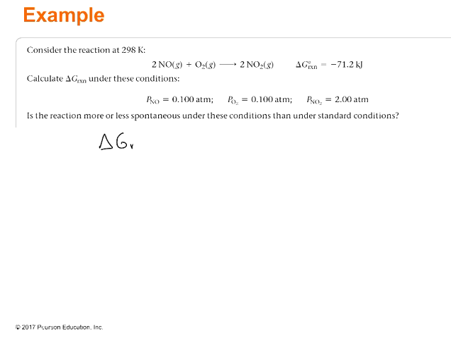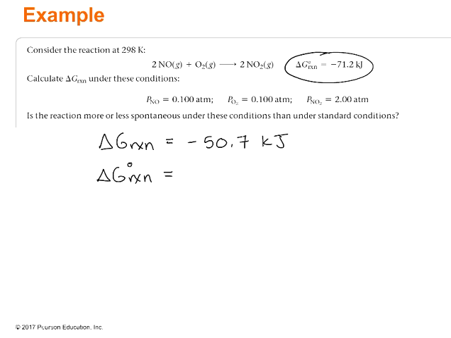All right, so delta G of the reaction under non-standard conditions, given above, is equal to negative 50.7 kilojoules. And then we were told that the Gibbs free energy of the reaction under standard conditions was equal to negative 71.2 kilojoules. Okay, so which one is more negative?